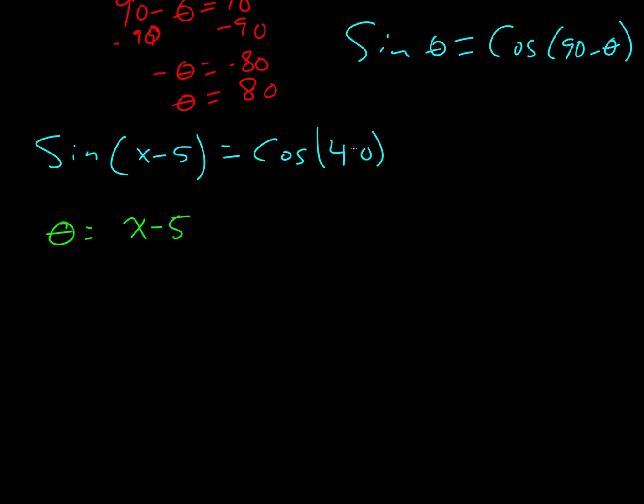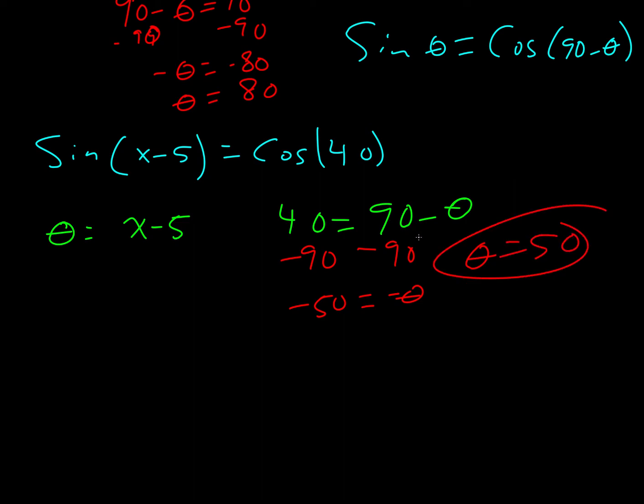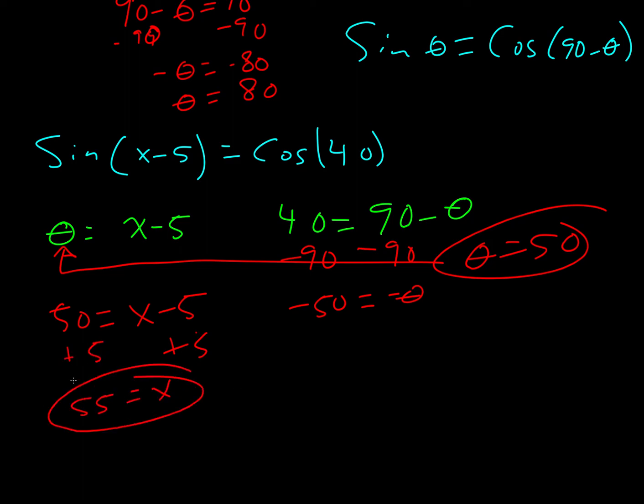And we also know that this 40 is equal to 90 minus theta. So I would solve for theta first. Subtract 90, subtract 90. That's negative 50 equals negative theta, or theta equals 50. Then plug it in here. So we get 50 equals x minus 5. Add 5 to both sides, and 55 equals x.